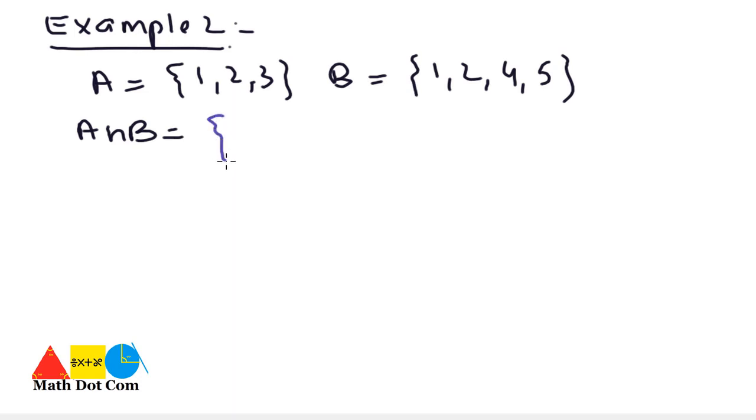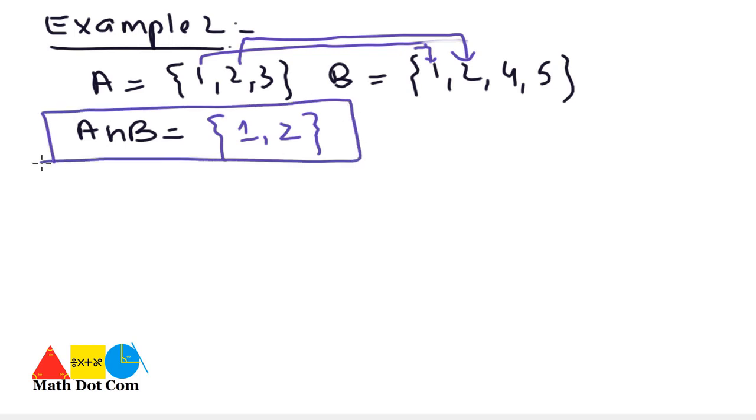I'll encircle the common elements. Common elements are this one, this one, and that's it. So these are the common elements of A and B, and we have evaluated A intersection B as this.